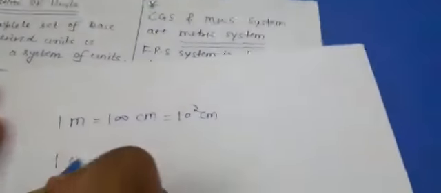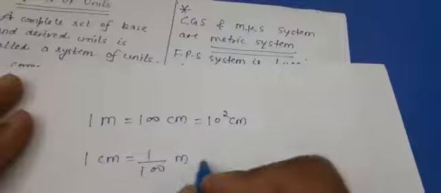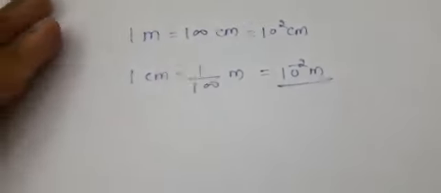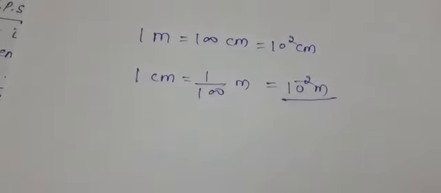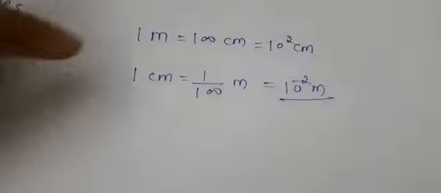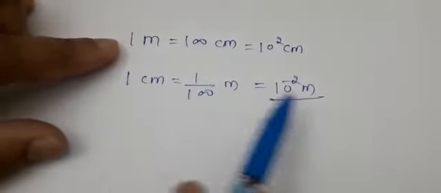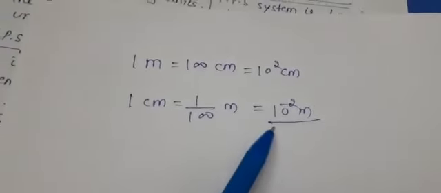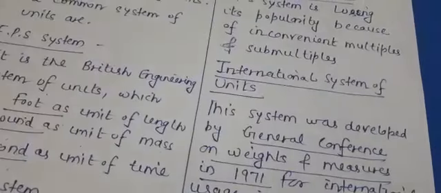Whereas 1 centimeter is 1 by 100 meter. You can take it as 10 raised to the power minus 2 meter. So that's why when we convert between meter and centimeter, that means MKS and CGS system, these are expressed as multiples and submultiples of 10. So that's why these are called the metric system.